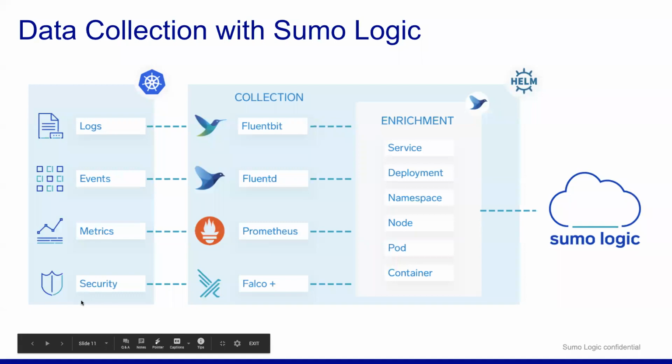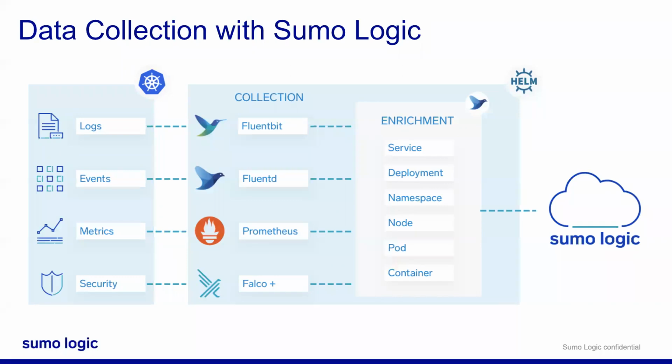Security. Now, security is one of those things that when Google open sourced Kubernetes, there wasn't a lot of options that came with it. There were audit logs, but not great ways to see what was going on. So Falco is an open source kernel level anomaly detection tool.